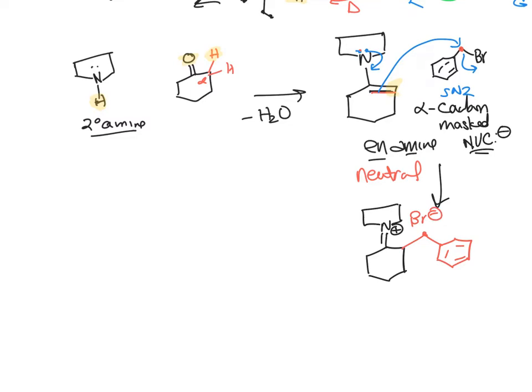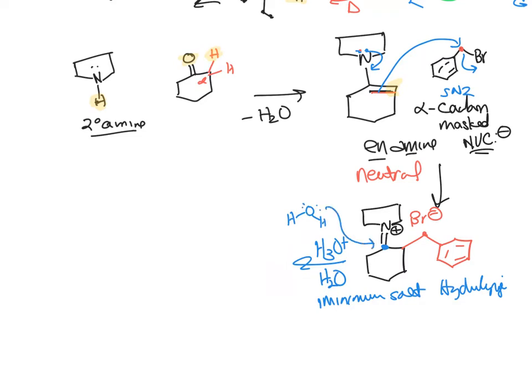And then what you do is you hydrolyze this. When you add water and acid, this iminium salt will hydrolyze. We've done this mechanism a few chapters back. Water comes in, attacks that carbon there, and deprotonate.